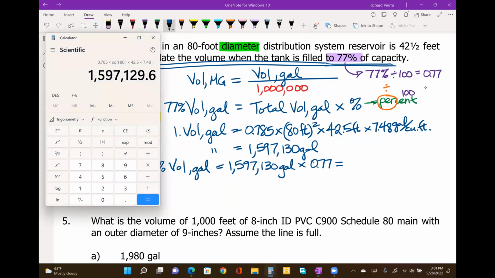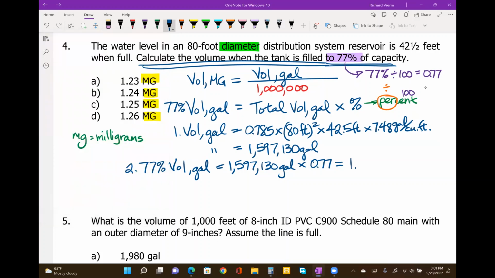So on the calculator, with that number still showing in the display, we don't need to clear it out. We're just going to hit multiply by 0.77 equals, and now we have our 77% partial volume, 1,229,790 gallons.